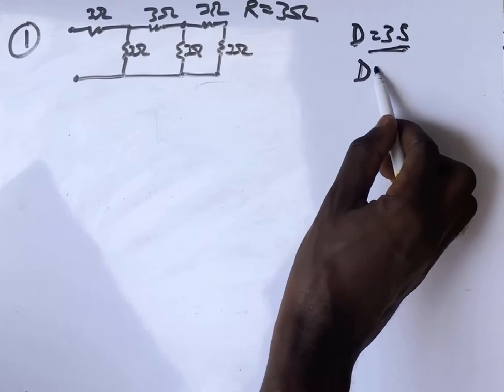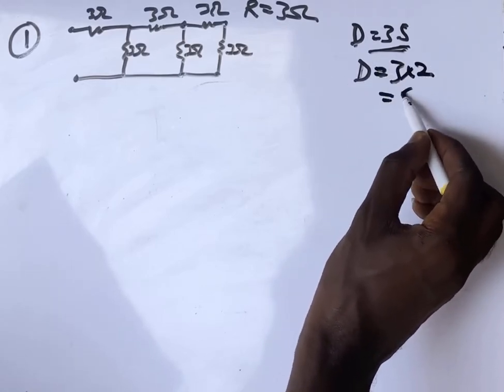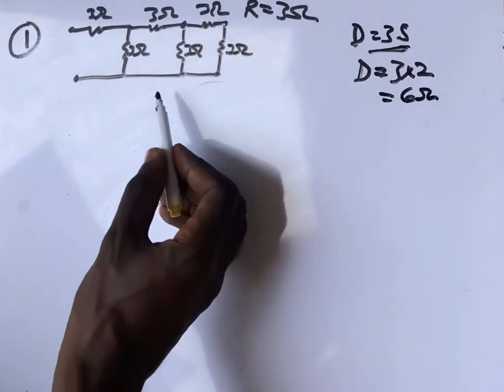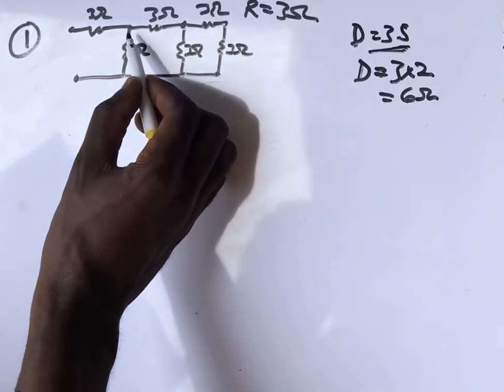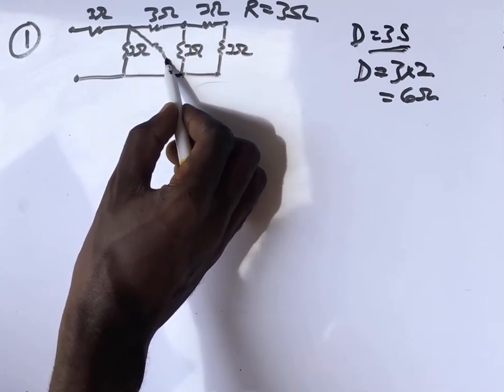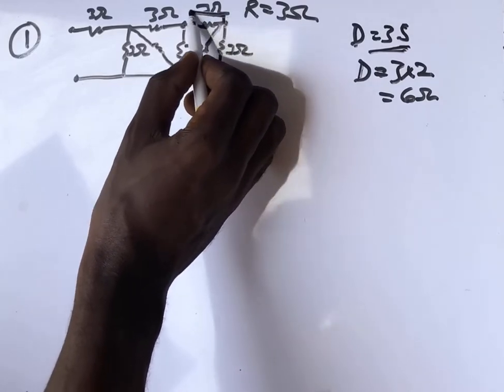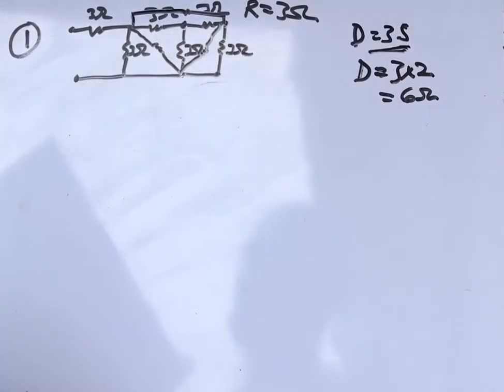So we have delta is equal to 3 times 2, which is 6 ohms, right? So it means that you will be representing the entire of this with a certain 6 ohm resistor.